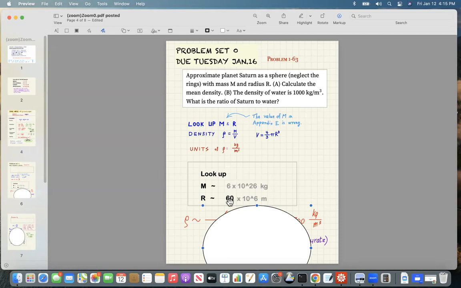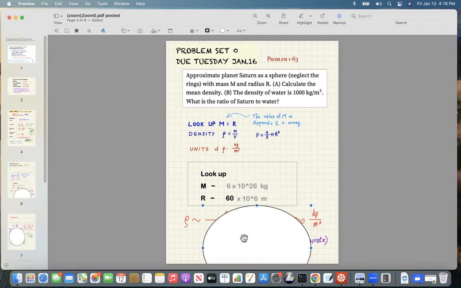What's the radius of the Earth? It's approximately 6,000 kilometers. So that would be 6 times 10 to the third meters. Well, the radius of Saturn is about 10 times larger. It's 60 times 10 to the sixth in meters.